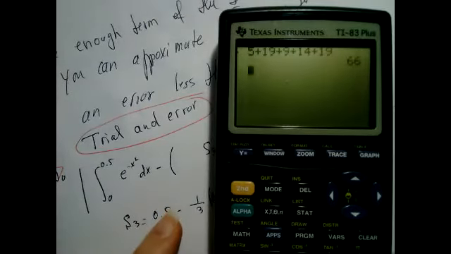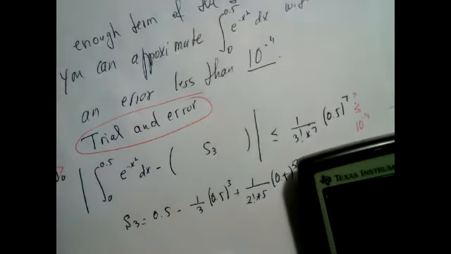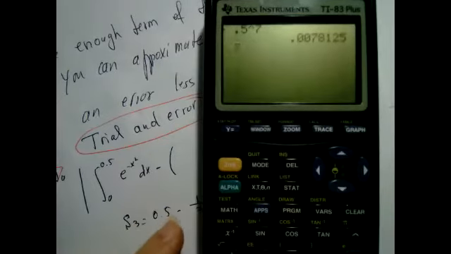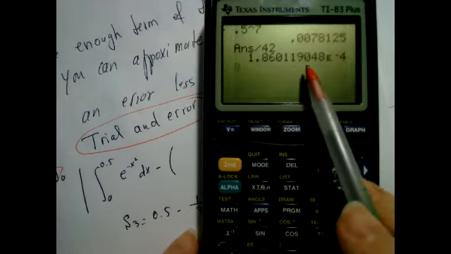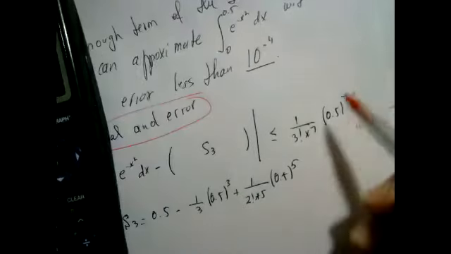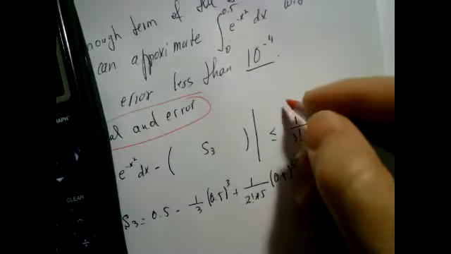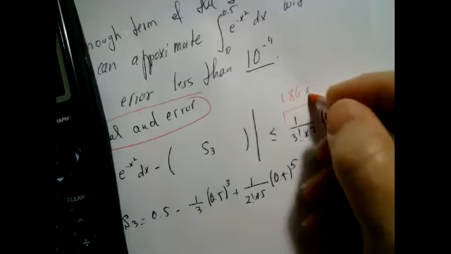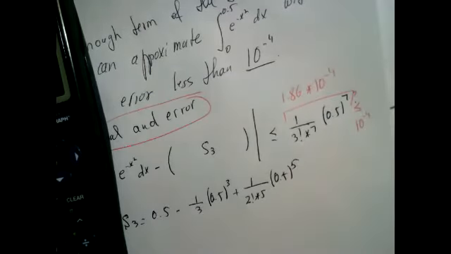So this is going to be 0.5 to the power 7 divided by 3 factorial, which is 6, times 7, divided by 42, which gives me 1.86 e to the minus 4. So this term here is 1.86 times 10 to the minus 4.